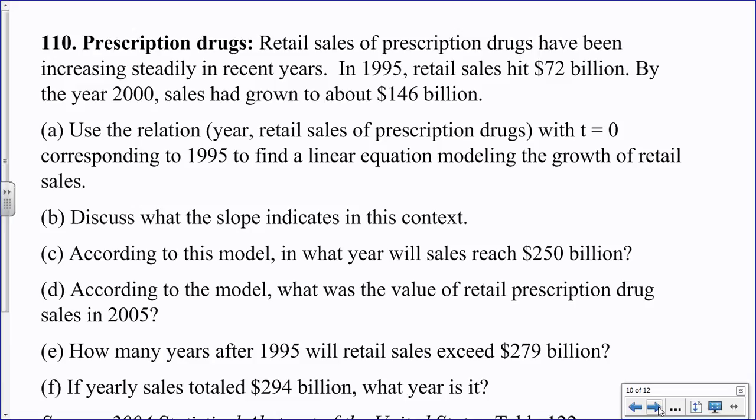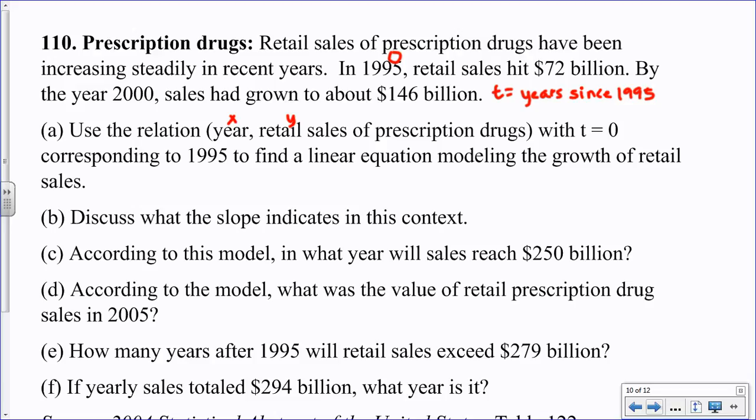So use the relation year, comma, retail sales of prescription drugs. So this is my x and y, but they're calling it T, with T equals 0 corresponding to 1995. So T is our years since 1995. And then what other variable do I have?